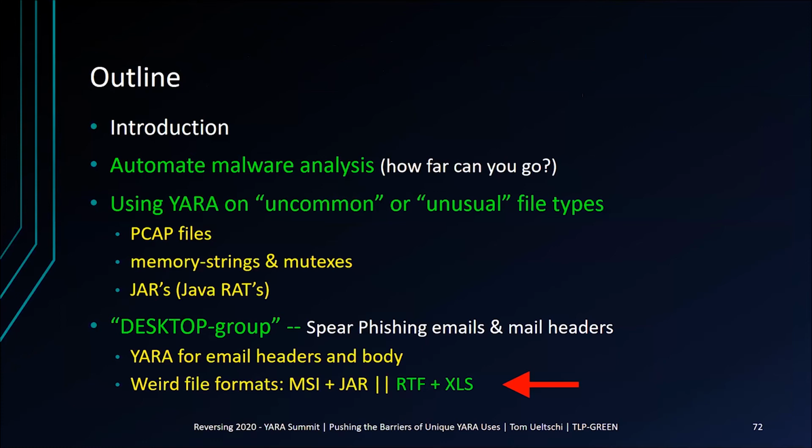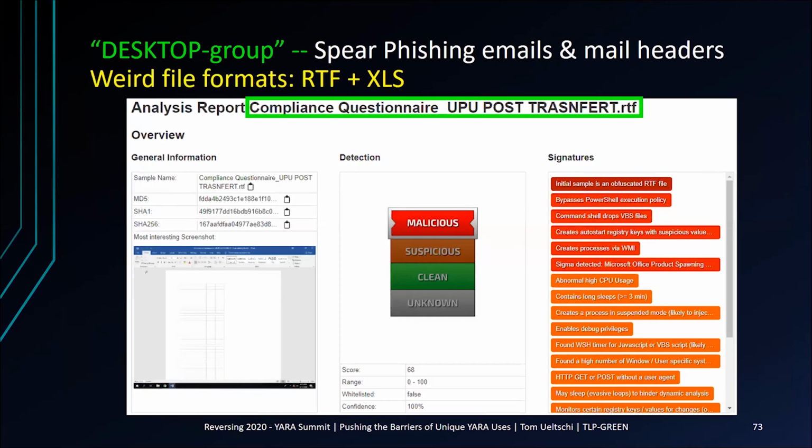Now let's get to the last part, RTF files and Excel. This is an analysis from an RTF file that I discovered about 3 weeks ago. I've seen similar samples much earlier, but I never really dug deep.